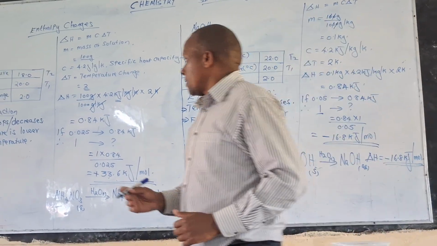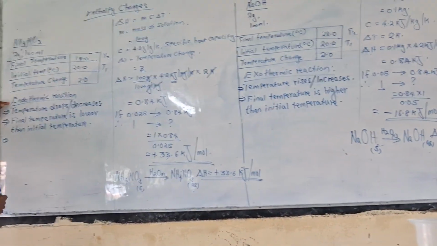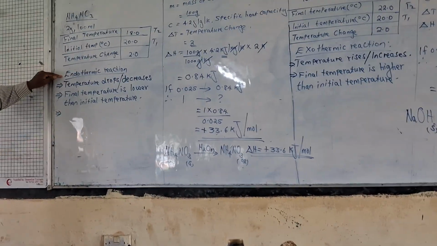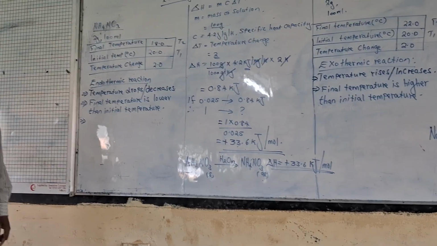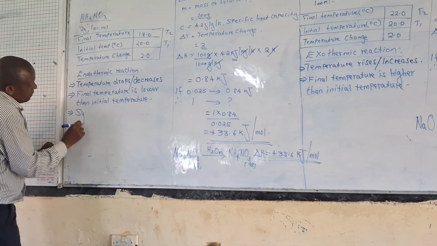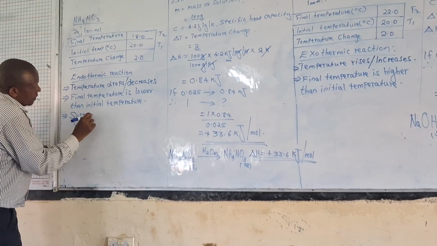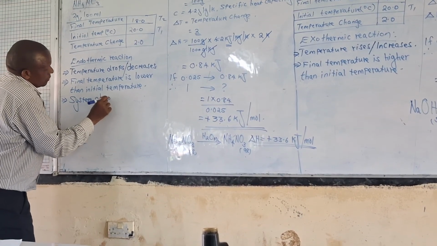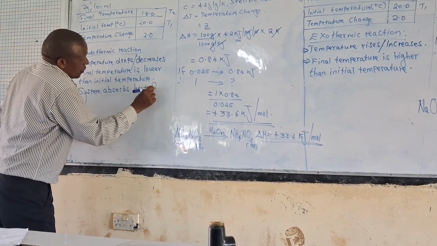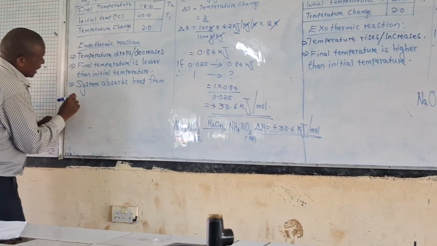So in the first case, where we have an endothermic reaction, the system absorbs heat from the surrounding. So here you say, system absorbs heat from the surrounding.